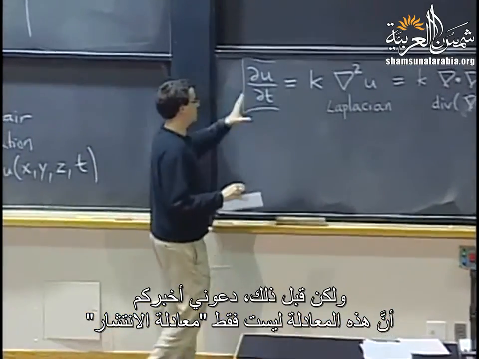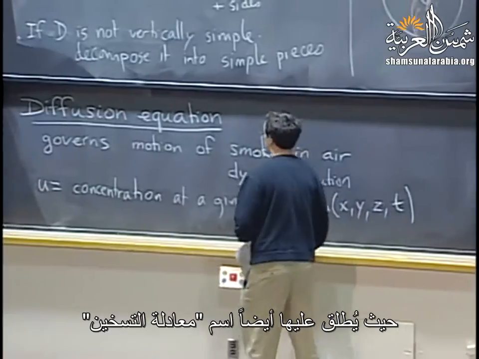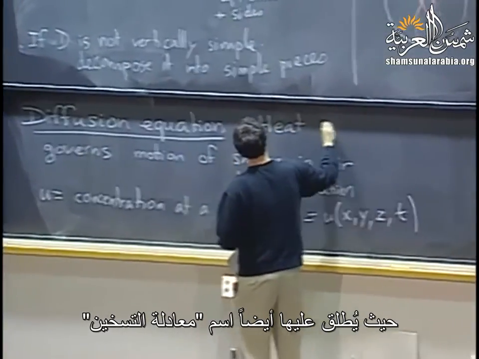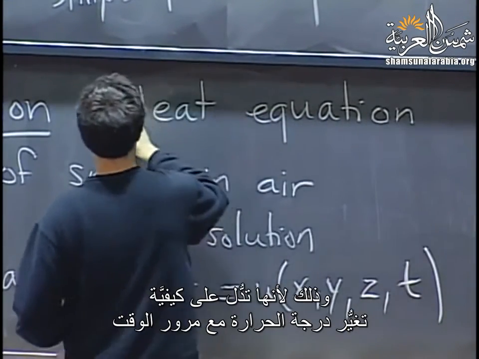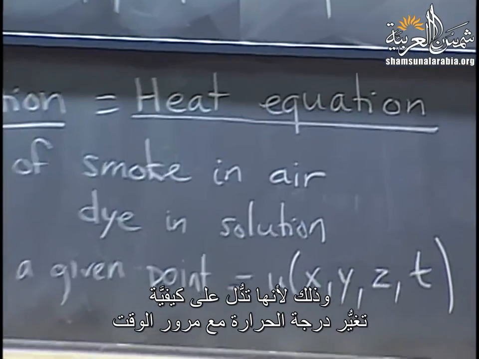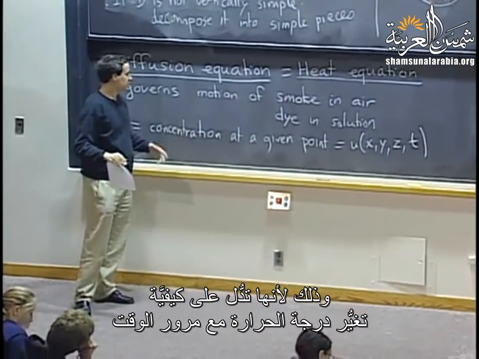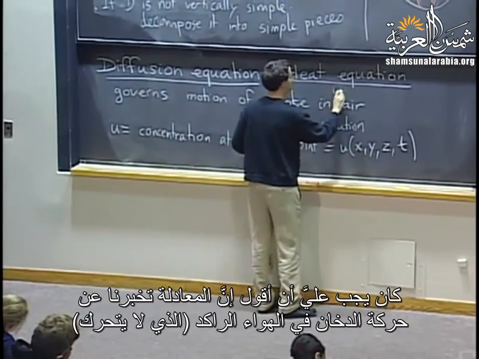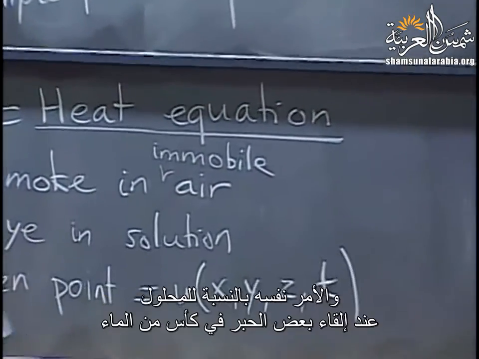But before I do that, let me point out that this equation is not just the diffusion equation. It's also known as the heat equation. That's because exactly the same equation governs how temperature changes over time. Sorry, I should have been more careful. I should have said this is in air that's not moving. And same thing with the solution.